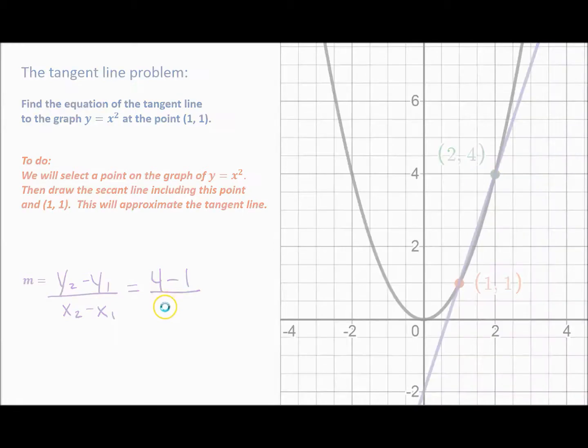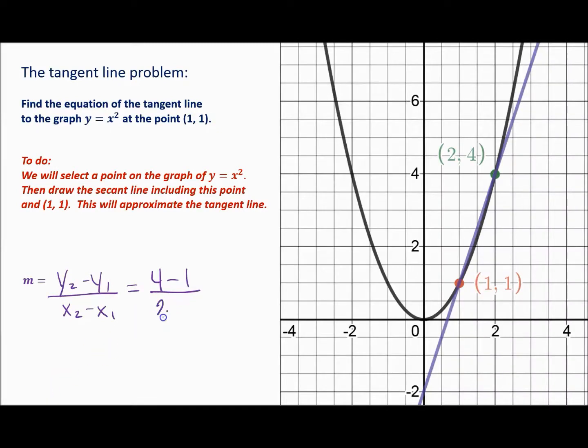So this is going to be 2 minus 1. Okay, and 4 minus 1 gives me 3 in the numerator, and 2 minus 1 gives me 1 in the denominator, which gives me a slope of 3.